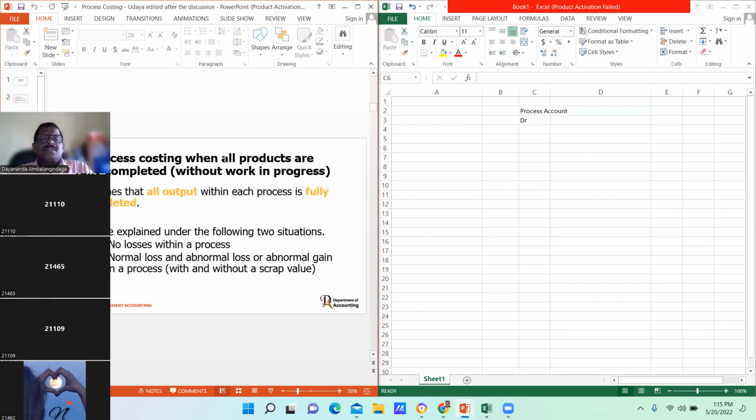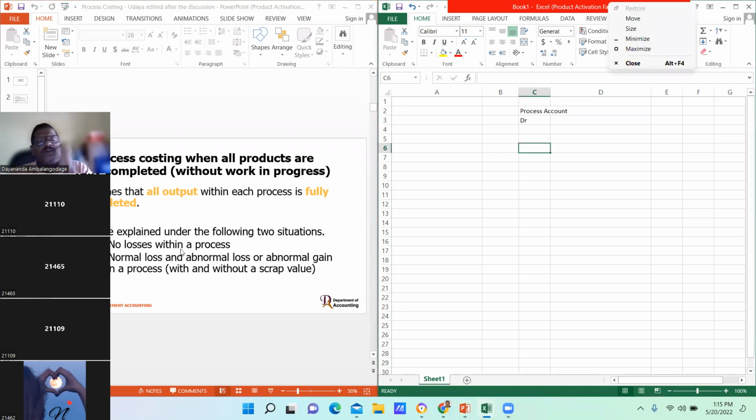Okay, process costing when all products are fully completed without work in progress. Assume that all output within each process is fully completed. This can be explained under the following two scenarios: normal losses within a process, and normal and abnormal gain.